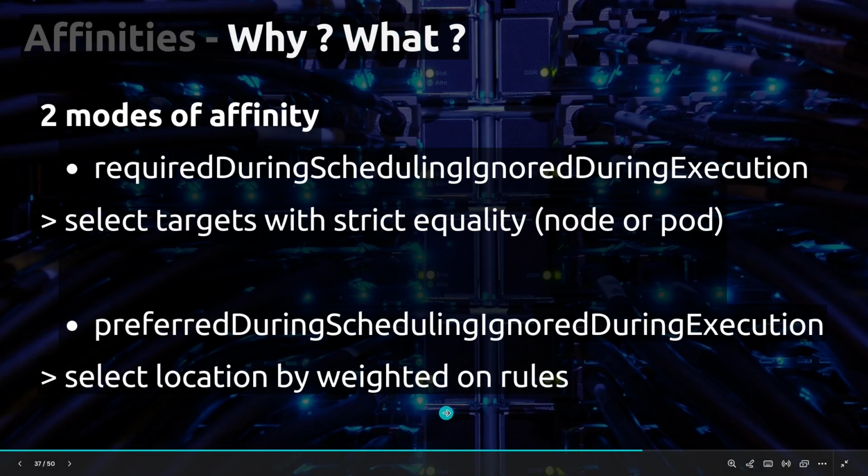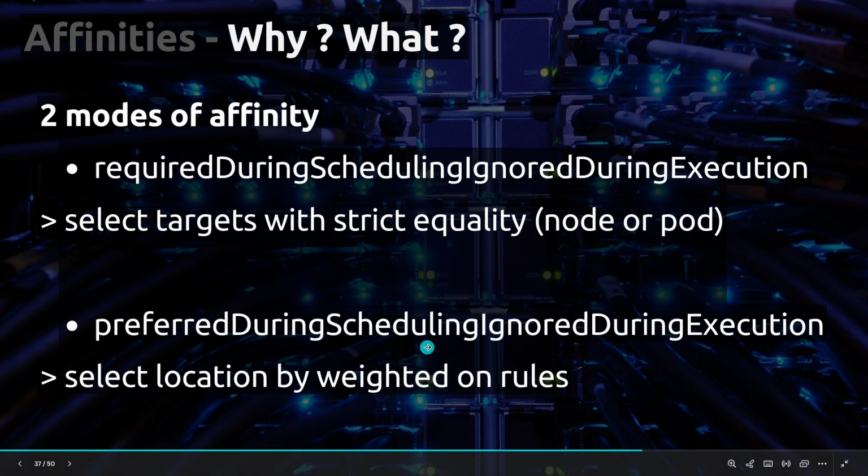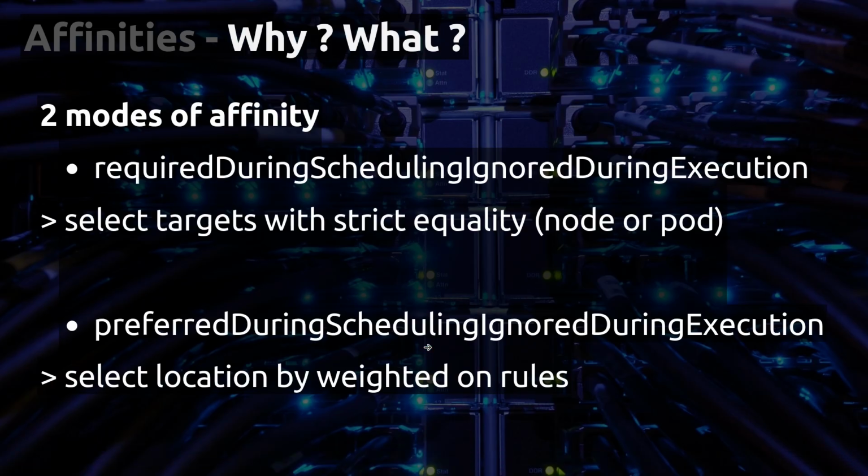The second one, as you can imagine, is preferred. That means it is not a strict condition: based on weights that define a rule, we can deploy a pod even if we haven't got a strict condition satisfied.